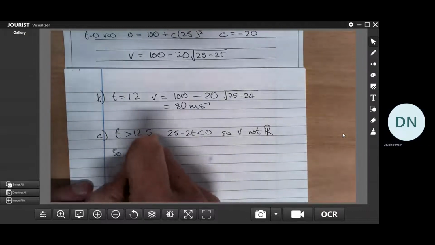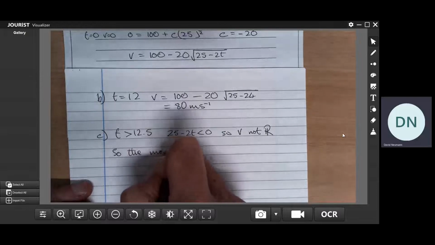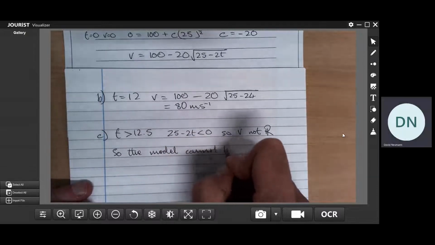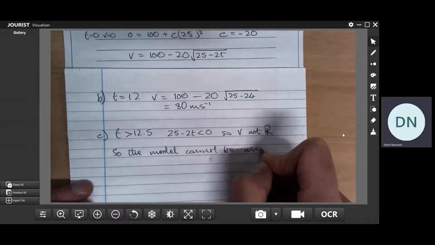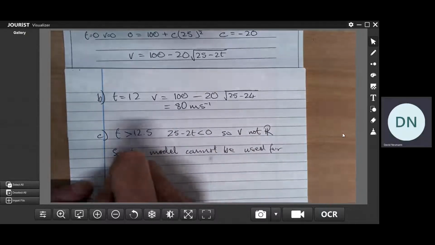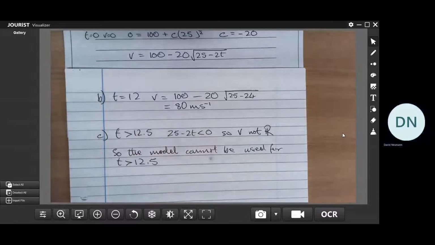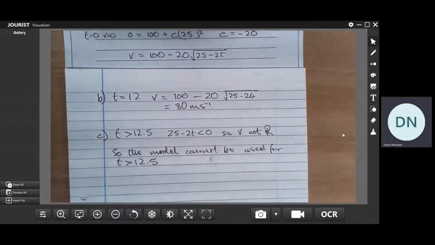So the model cannot be used for t greater than 12.5. Why is that? We could look back at the question, and it does say the rocket of mass 25 kilograms burns fuel at the rate of 2 kilograms per second.